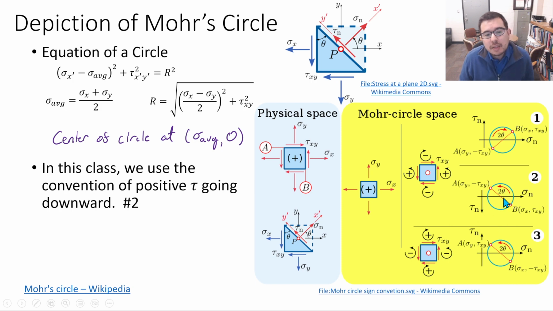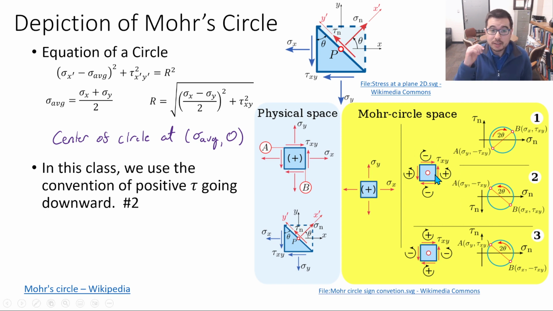Now, it will become a little more clear as we go, but we end up having the angle of rotation on Mohr's circle, this 2 theta here, going in the same direction as the material element is actually rotating, by putting it down this way. If you use convention number 3 with tau upward, you can have that as well, but it's a little bit strange because these shear stresses are then said to be giving the opposite direction of rotation from what we normally think.